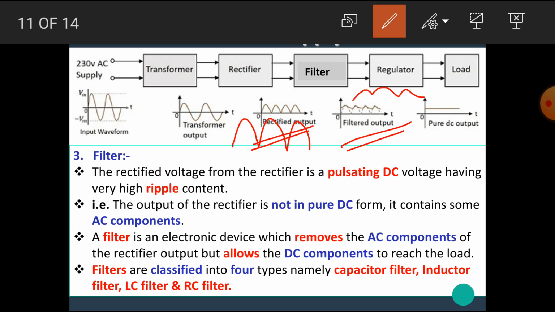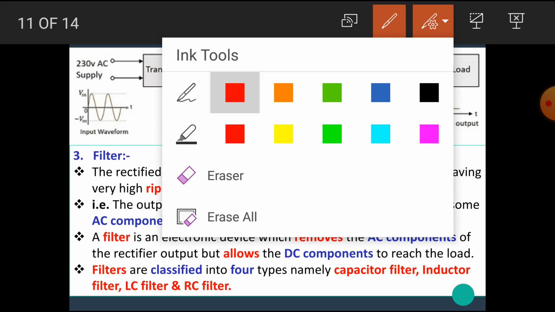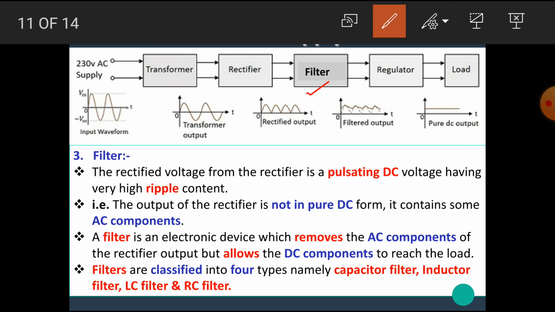Hence, to smoothen this output, we require a filter block or a filter circuit. We get the smooth DC voltage here. But we can see that this output of the filter is also not in pure DC form because it contains some amount of ripples.